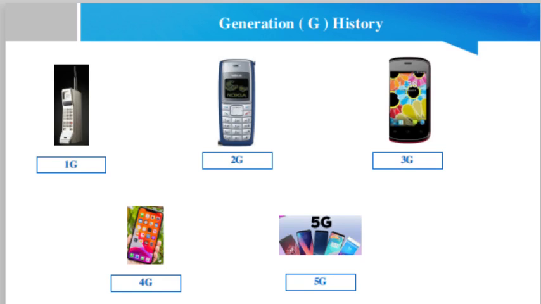4G is an integrated protocol based system that is able to provide a data transfer rate of 100 Mbps at high mobility to 1 gigabyte per second at low mobility. This technology is also able to provide services at any time as per the user's requirement at affordable prices.